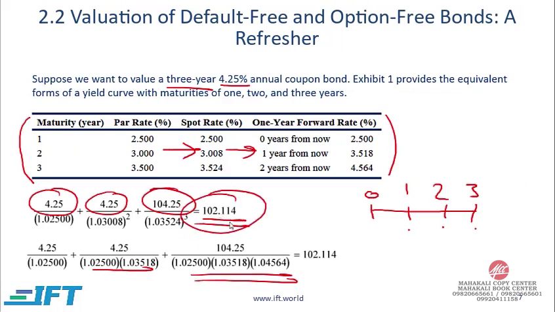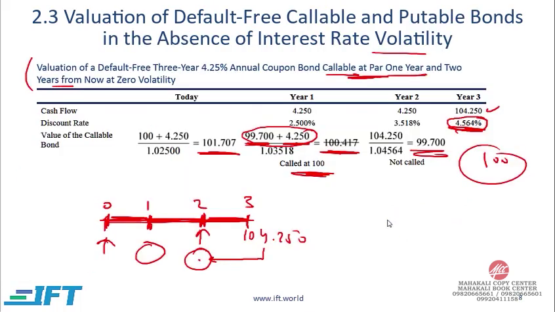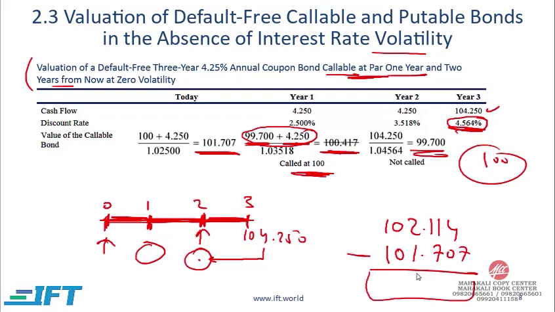So this number, 102.114, is the price or value of a straight bond, and the value of the callable bond is obviously less than that. That is 101.707. If we find the difference of these two numbers, we will get the value of the call option.